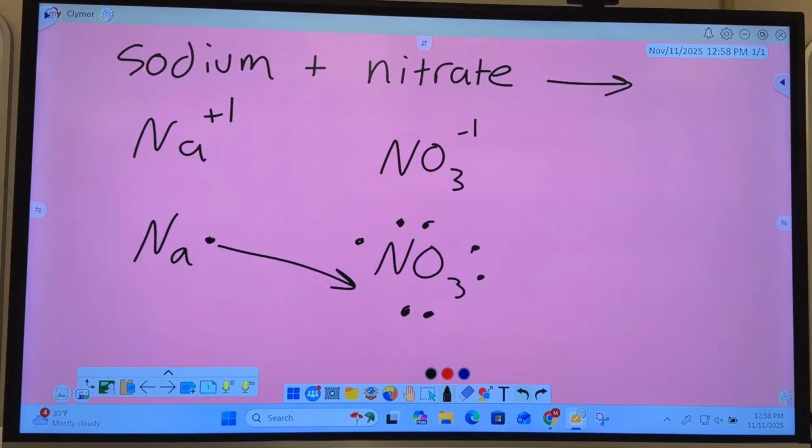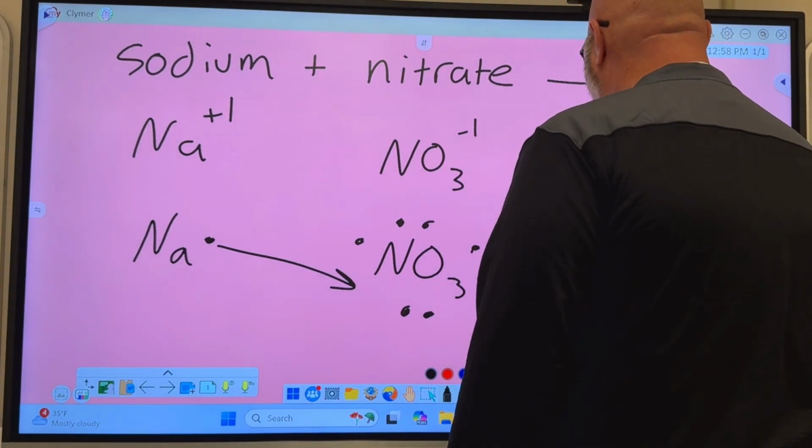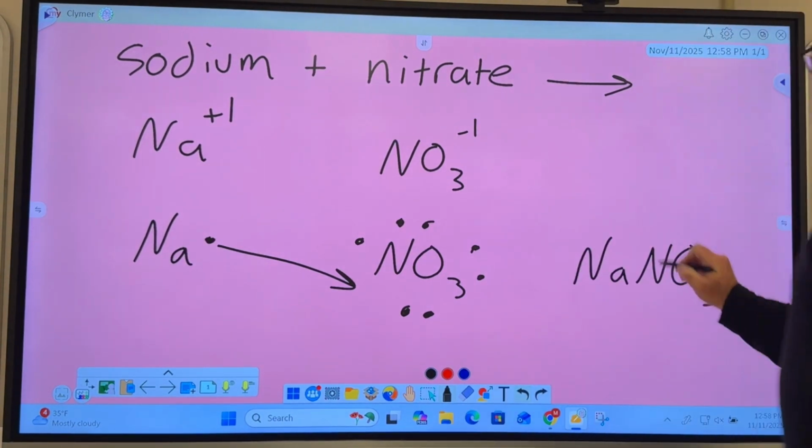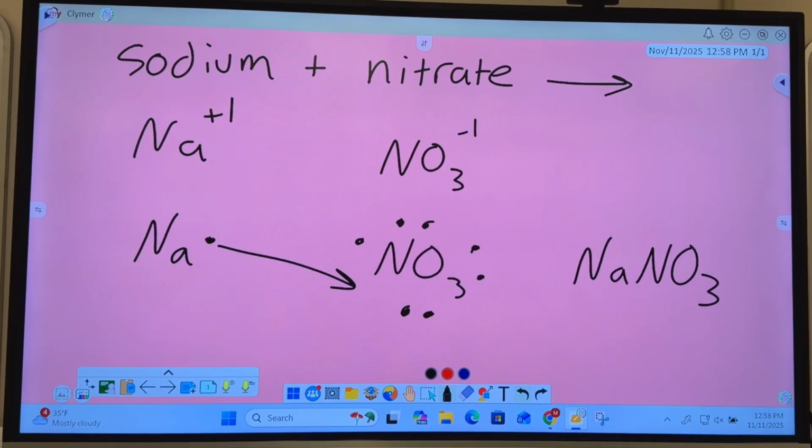No. So how would we write this chemical formula? And it really is as easy as you're thinking. Josh, come on. NaNO3. Oh my goodness. This kid sciences. That is sodium nitrate. We didn't have to do anything.